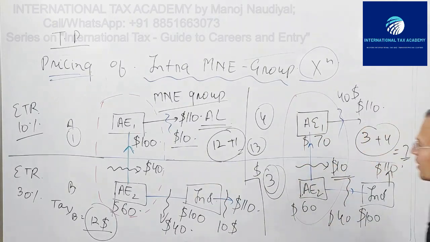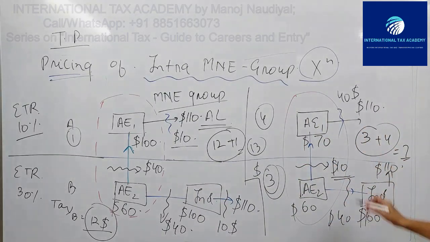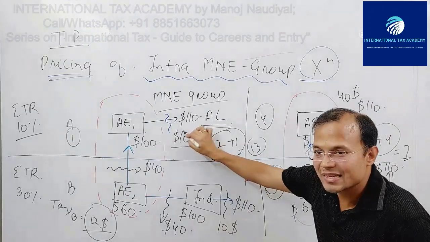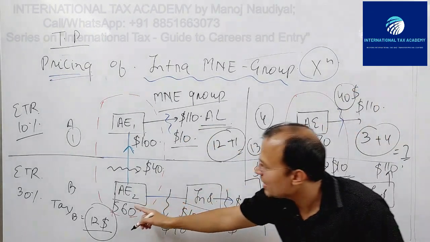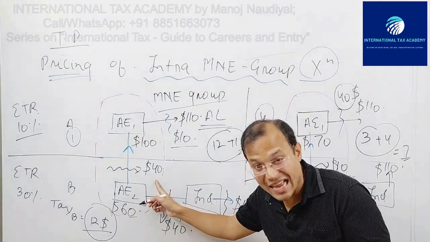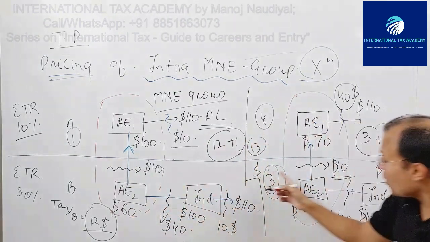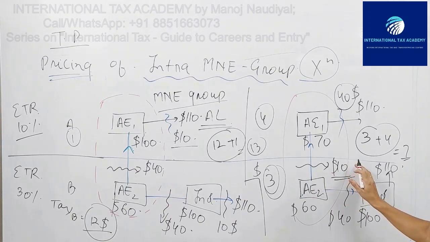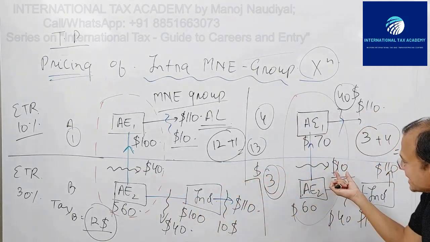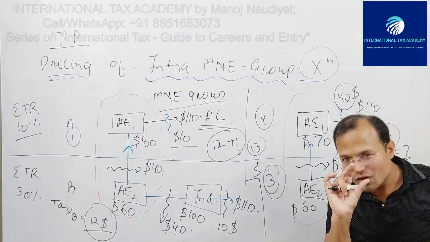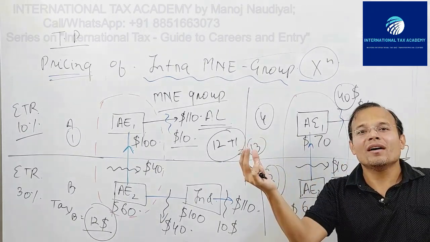What happens? Ultimately what happens? See, the profit is $10 here and this profit has increased to $40 here. The profit earlier was $40 here in country B. Now the profit has been reduced to $10. So effectively, $40 minus $10, this $30 of profit, where did it go?